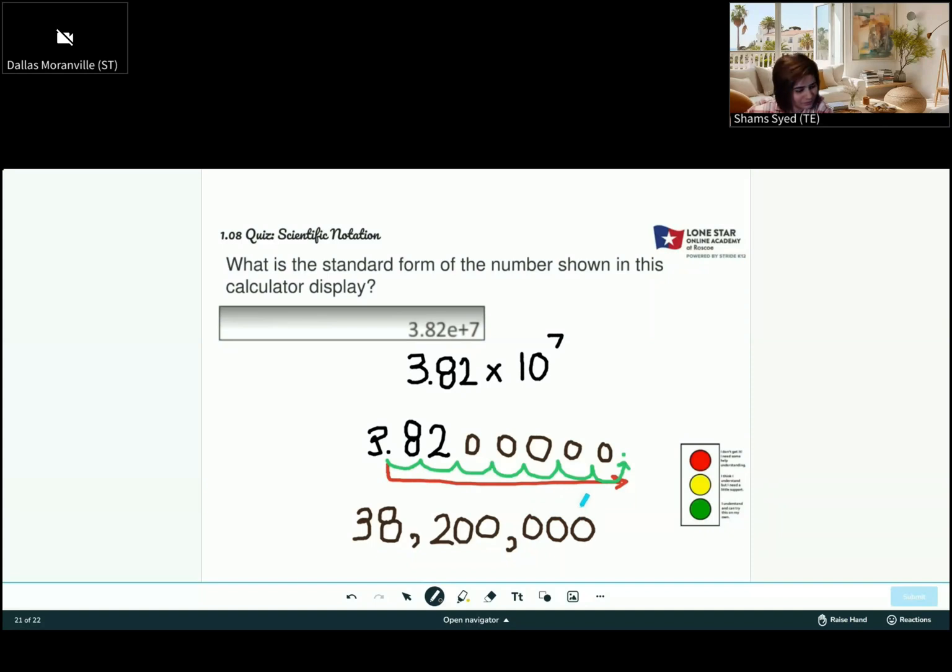Let me know if you don't agree. Why, Andromeda? Notice 2 decimal places are used here, and we need 5 zeros. We need 5 zeros. Altogether, exponent is going to make 7. Very good, Kyler.